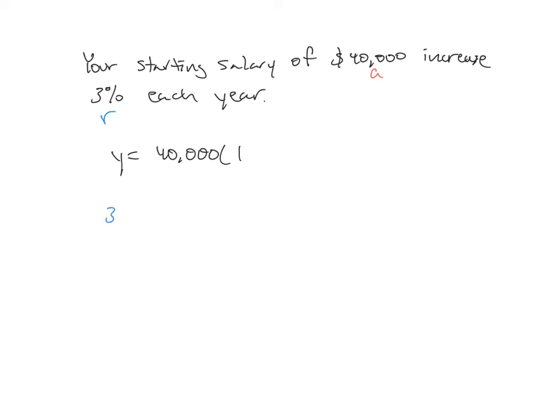So if we have 3%, we take the 3, and there's a decimal right there. If we did decimal to percent, we go to the right. Percent to decimal, we go to the left 2 spaces. And so I have 0.03. 1.03.